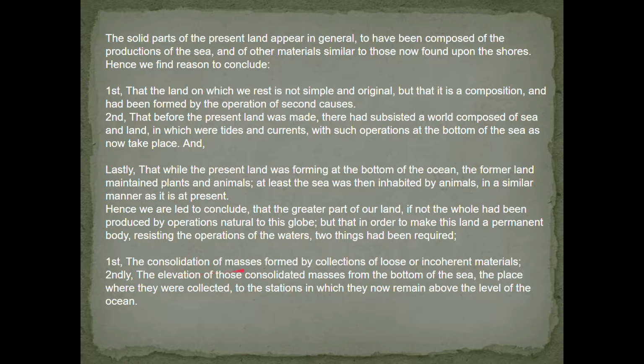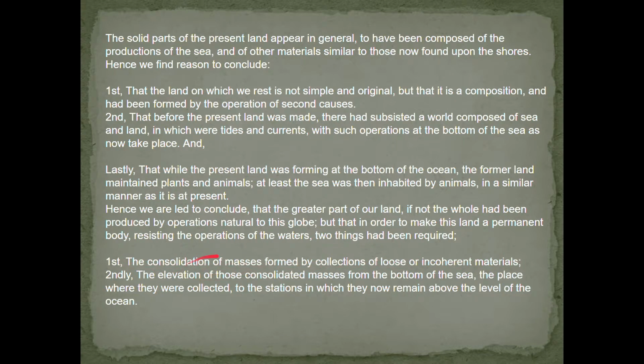Firstly, the consolidation of masses formed by collections of loose or incoherent materials. Let's read that again. The consolidation of masses, let's change that word to sediment. Consolidations of sediment formed by collections of loose or incoherent material. Sure sounds like the formation of sedimentary rocks, doesn't it?